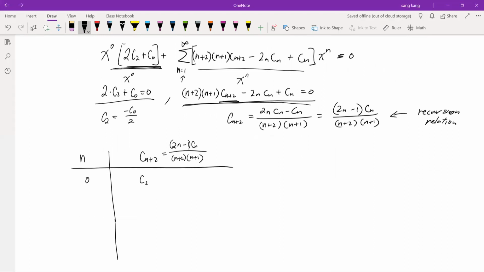c2 equals 2 times c0, no, c0 rather, 2 times c0. This should be, sorry, negative 1. Can't do algebra today.